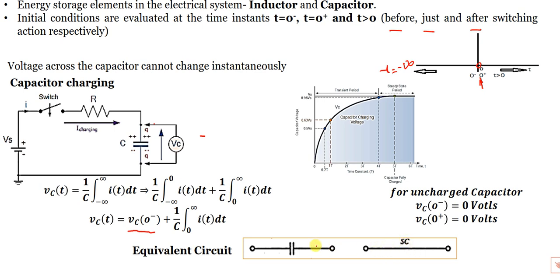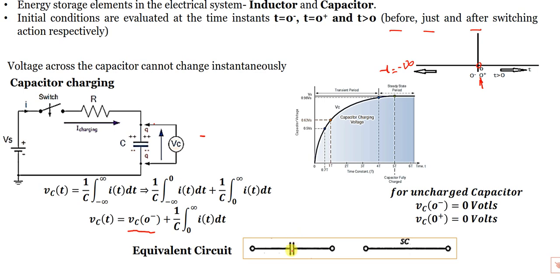Remember that if your mobile battery is already charged to some initial level, say 50%, and you put it to charge again, it will act as a short circuit and charge to reach 100%. So the instantaneous voltage of the capacitor at time t is given by the initial voltage, that is, the voltage before switching, plus 1 by C integral of 0 to t of I of t dt.